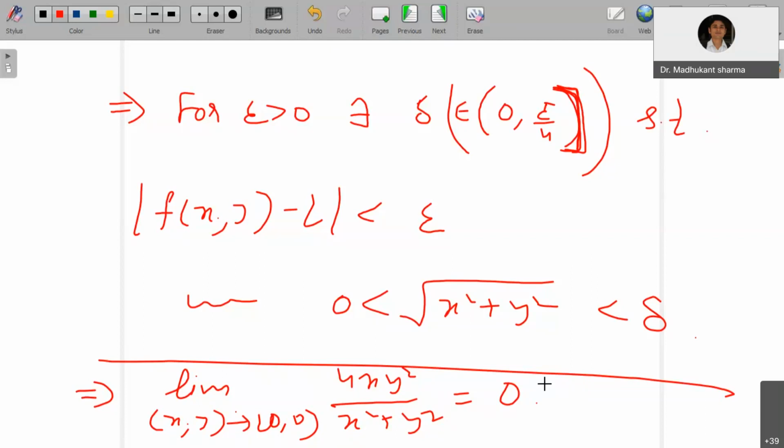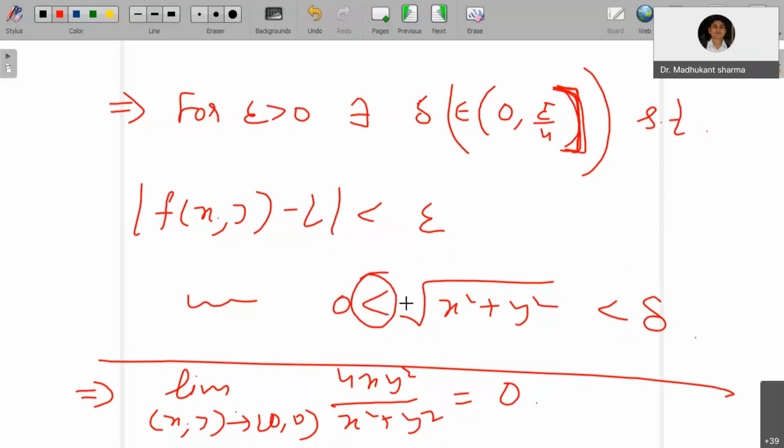It will be a similar case, a simple generalization of the single variable case. Here, in the limit, 0 is not included; in continuity, it will be included. This is a deleted neighborhood, if you recall the word from the analysis of functions of a single variable, because you have punctured the point 0, 0 from the neighborhood.